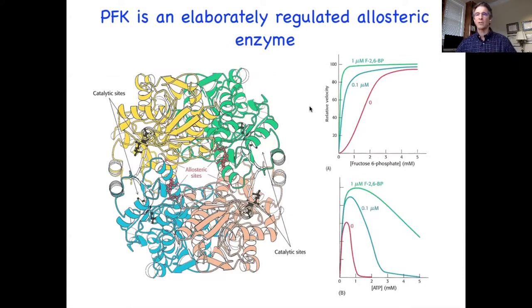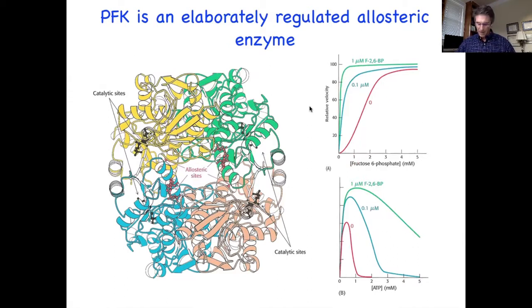All right, but you'll also notice something else on these plots. There's that fructose 2,6-bisphosphate that I talked about, right? Look what it does. Fructose 2,6-bisphosphate is a massively powerful, positive allosteric effector for the output of this enzyme, dramatically pushing PFK into a much more active form, right? At much lower substrate concentrations of fructose 6-phosphate, right?